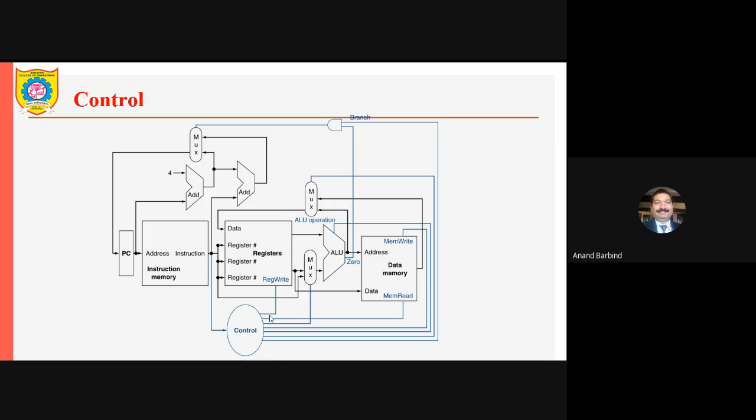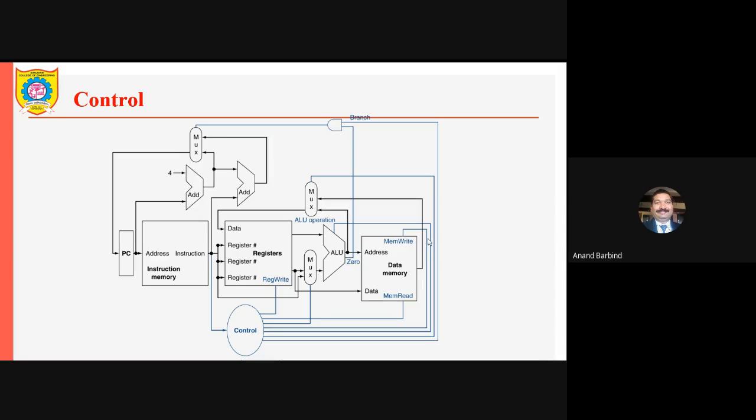It generates the control signal for the registers. It generates the control signal for the multiplexers as to which particular input is to be selected. It generates the control signal for the data memory, whether data is to be written into the memory or read from the memory.